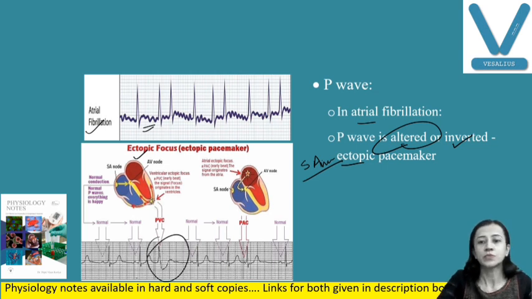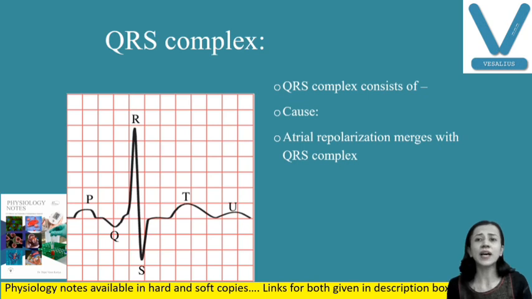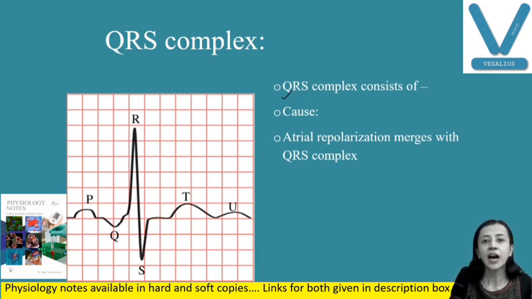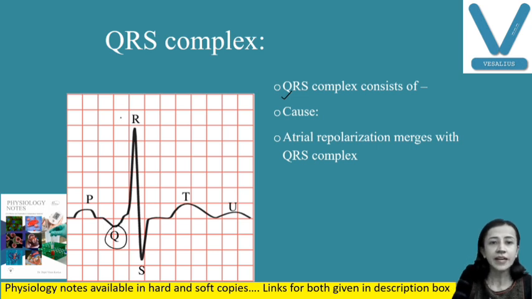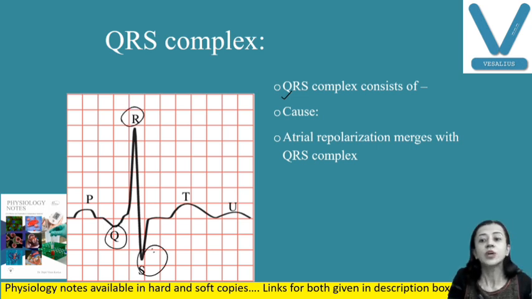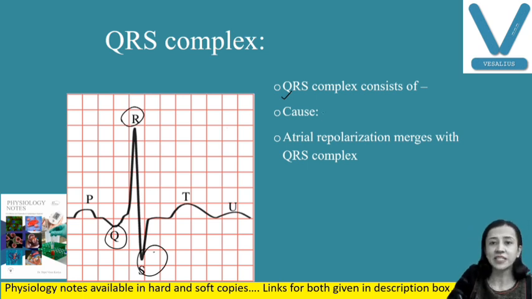Fine. Now, next is QRS complex. QRS complex consists of Q wave, R wave here, and S wave. Okay. Now, here you can say Q wave is small, S is also small, and a big R wave. Okay, S is negative, Q is also negative. And what is the cause of QRS complex? That is because of depolarization of ventricle.